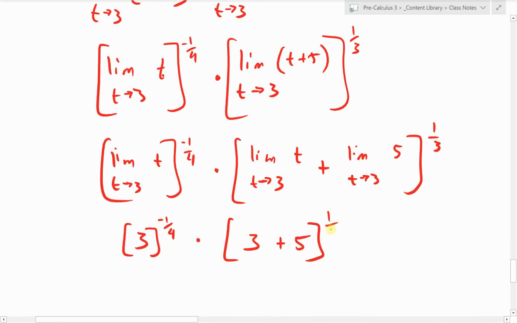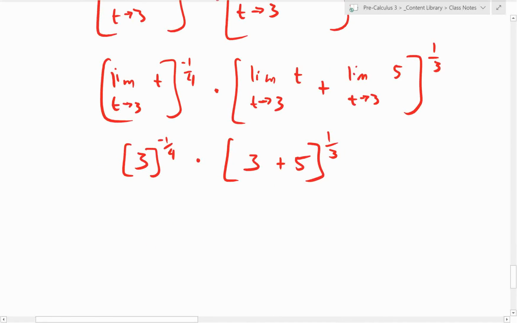And then that is all raised together to the 1/3 power. So if we're just doing some basic arithmetic here, a negative exponent causes the base to move into the denominator. The 1/4 power is the fourth root, so we could just call this the fourth root of 3. But make sure the negative moves the base into the denominator.